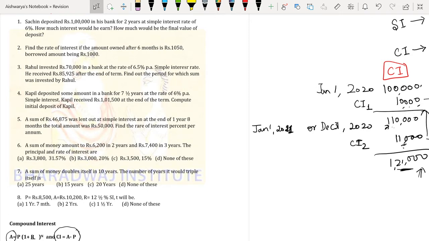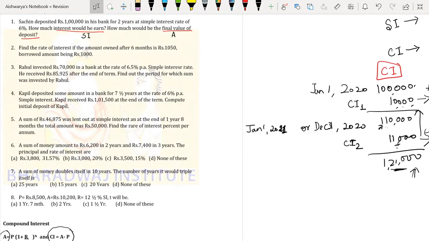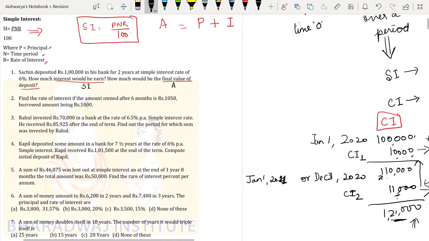So two things are asked in the question: how much interest he will earn and the final value of the deposit. First is the interest calculation, second is the final value of the deposit. Interest calculation means SI. Final value means amount. All we are going to do is simple calculation using the formula PNR by 100.